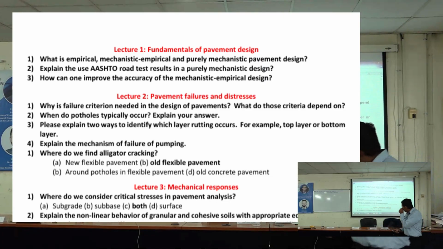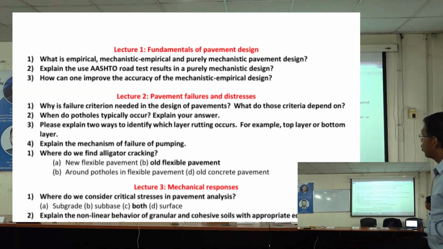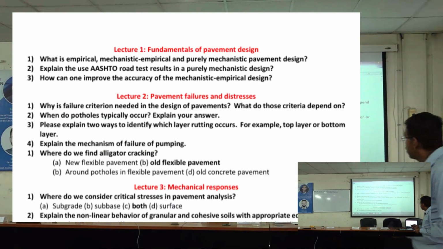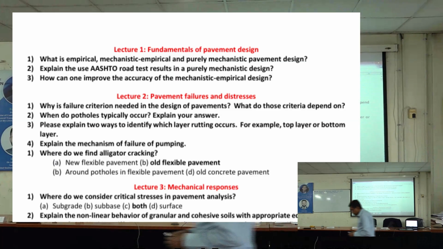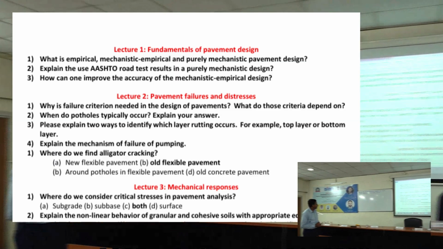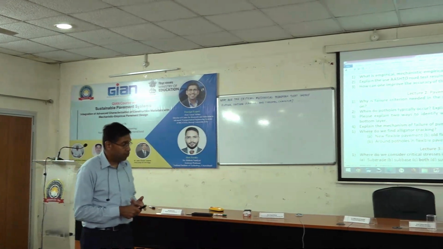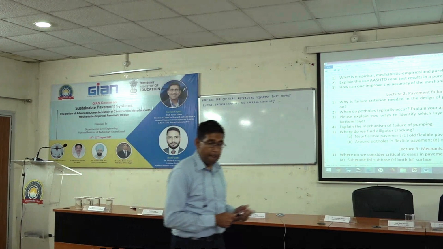Where do you find alligator cracking? New flexible pavement, old flexible pavement? These are very straightforward questions, around three quarters of all concrete pavements. But alligator cracking, where do you find it?